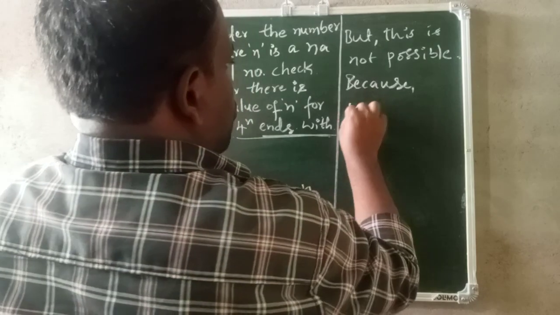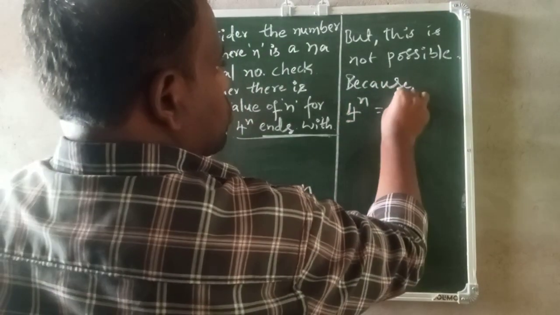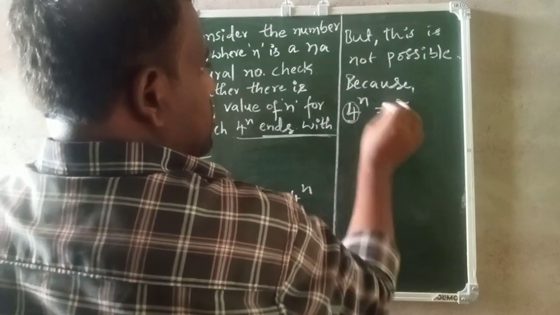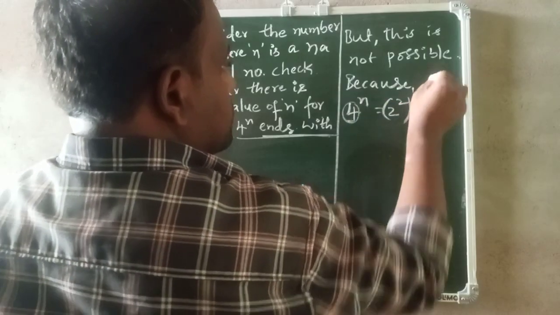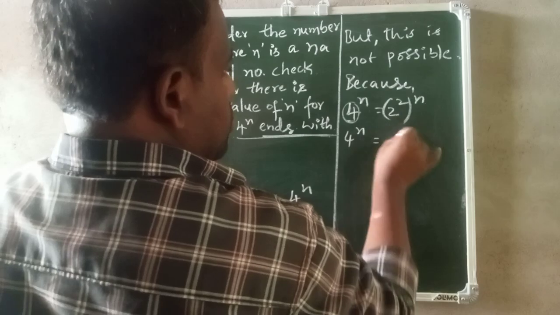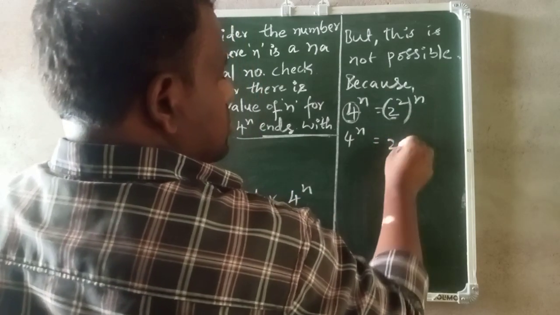See, 4 to the power n can be written like this. In place of 4, I can write 2 square, because 2 square is equal to 4. So in place of 4, 2 square, put a bracket, this power is as it is. So 4 to the n is equal to, see, this 2 we keep as it is.